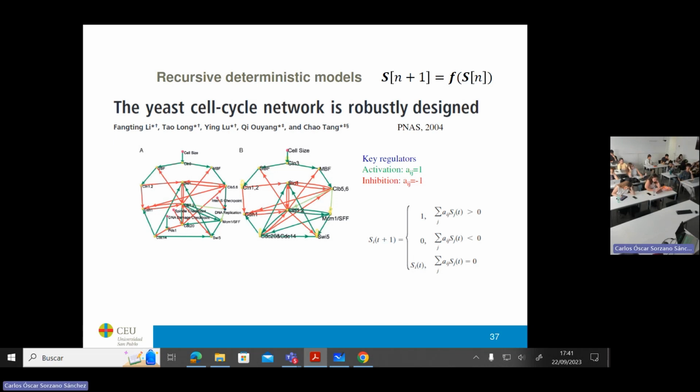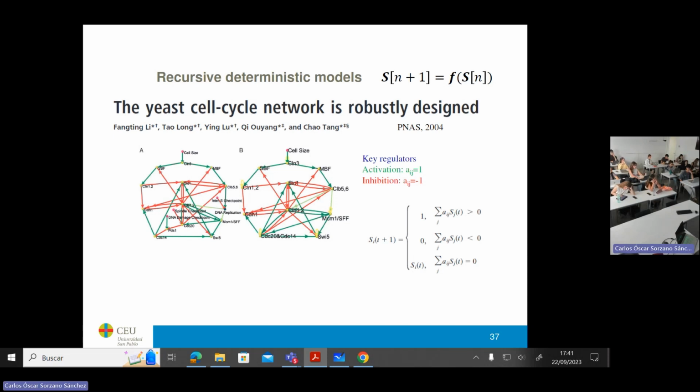You have this node, and this node is connected to a few other nodes, and you will have only two kinds of connections, either green or red. Green is +1, red is -1. Green means if this protein or this gene is activated, this one will be activated. Red means if this gene is activated, this one will be inhibited at the next time.